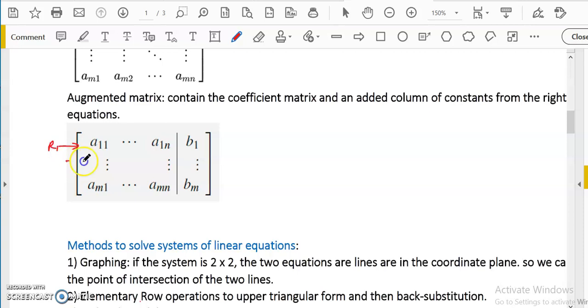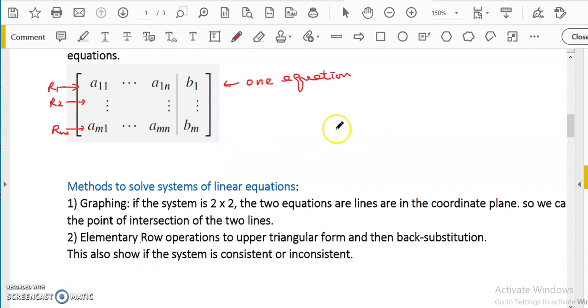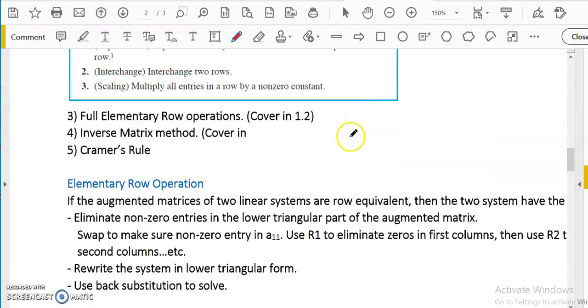Row 1, the second is row 2, the last is row m, right? And then you can pretty much do operations in the same row because one row is actually one equation, right? The first equation. So you can think of it as a shorthand of leaving the x1, xn behind, but just writing the numbers.